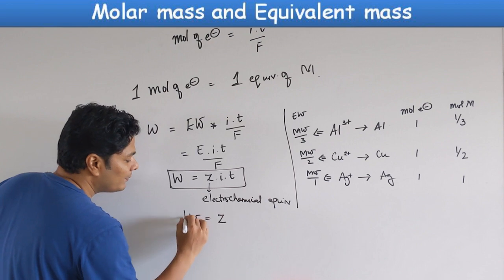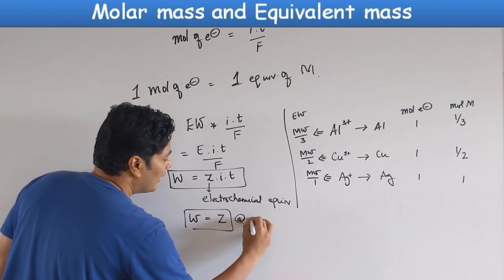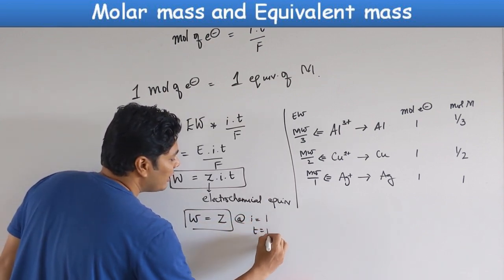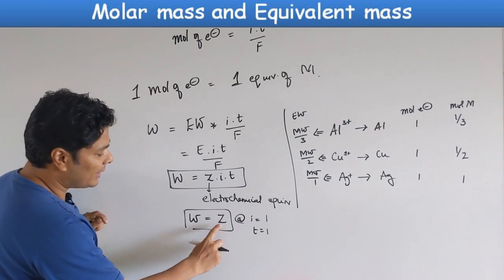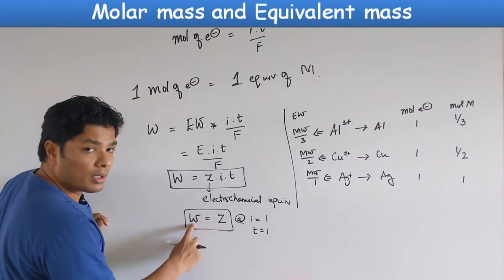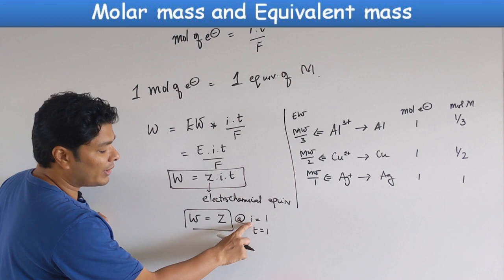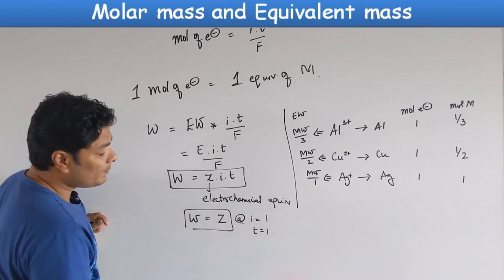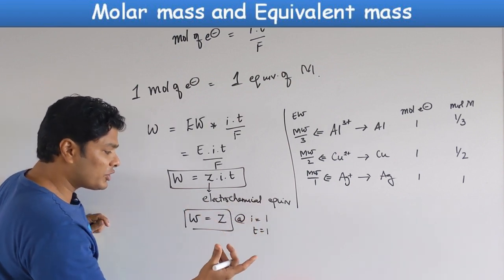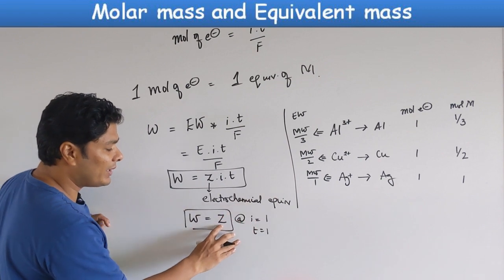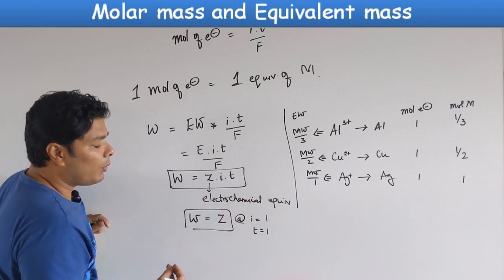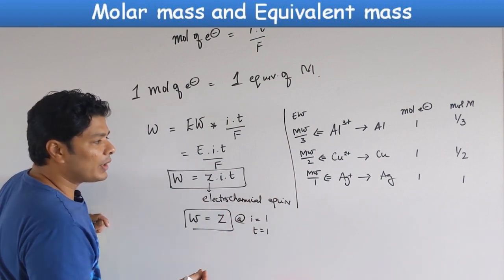Z equals W at I equals 1, T equals 1. So Z is nothing but the mass of a metal deposited when you pass 1 ampere of current for 1 second. That's your electrochemical equivalent. There are questions where they ask you directly electrochemical equivalent. You can calculate.